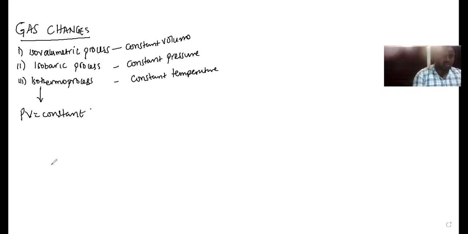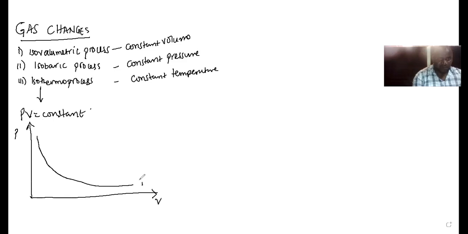If PV is equal to a constant, then the graph representing pressure and volume takes such a shape, whereby we can have this as temperature 1, this one as temperature 2, and this one as temperature 3.